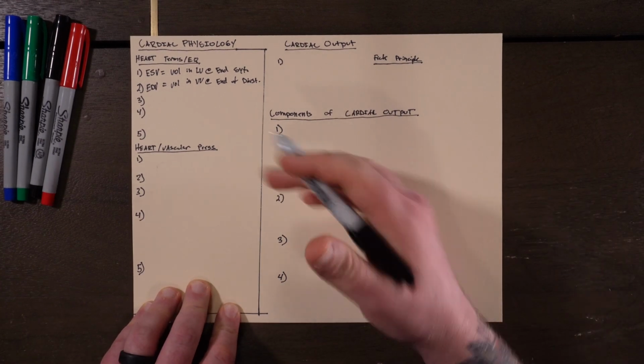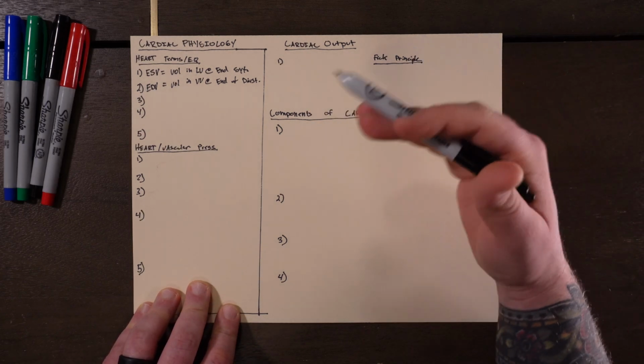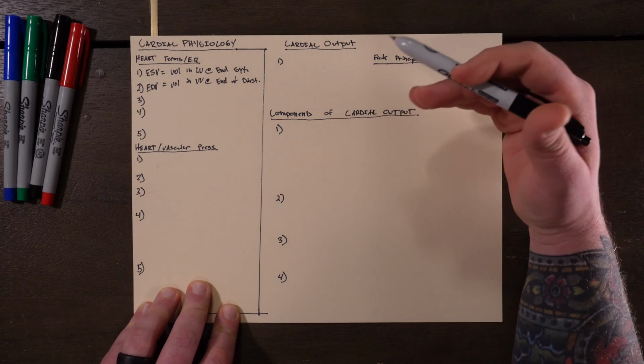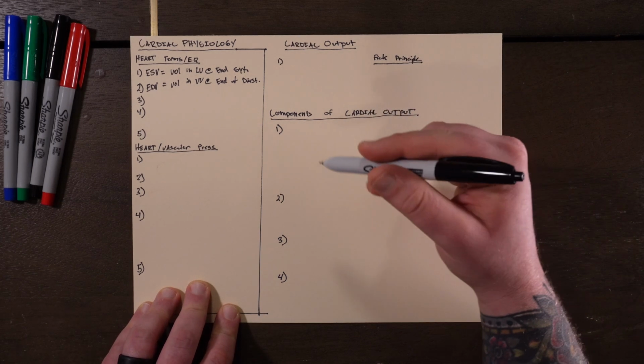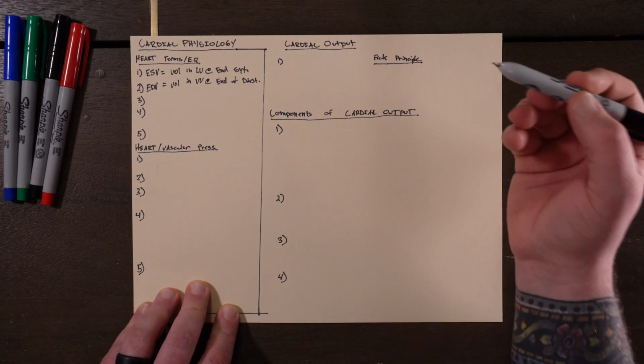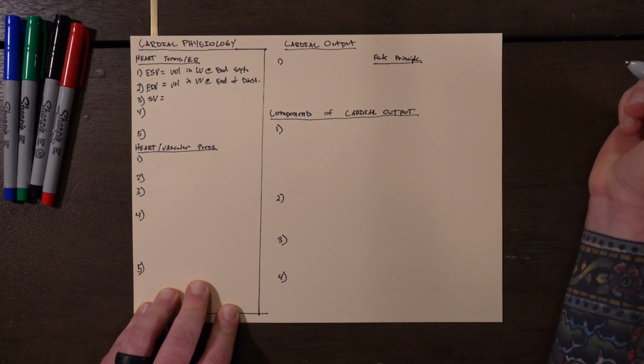All right, why is it important to know those things? Well, those volumes really are kind of the bedrock of how we determine all of our other values, right? So the next thing that we need to talk about is stroke volume.